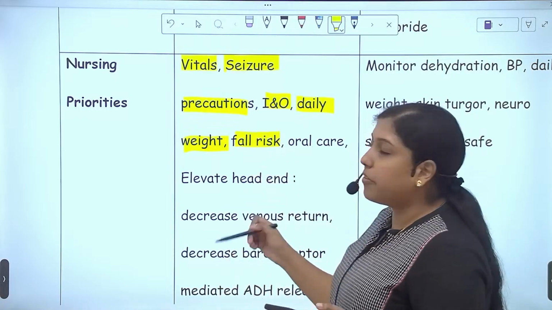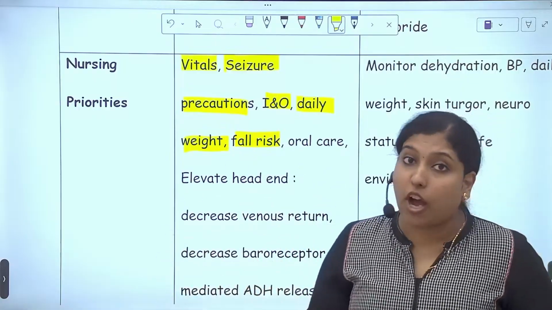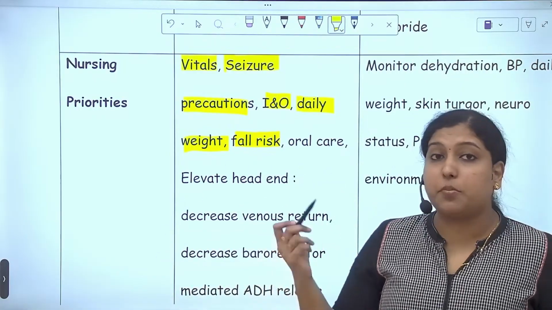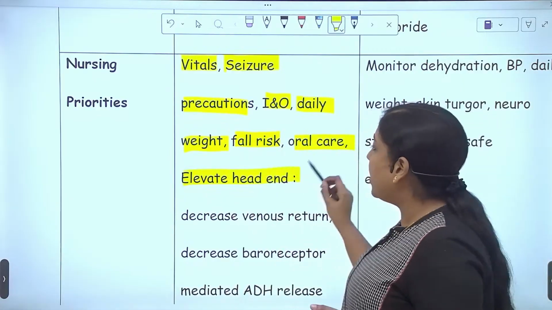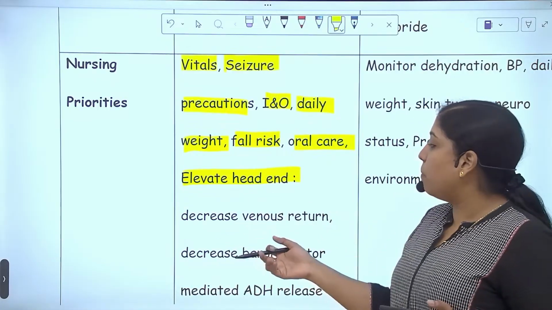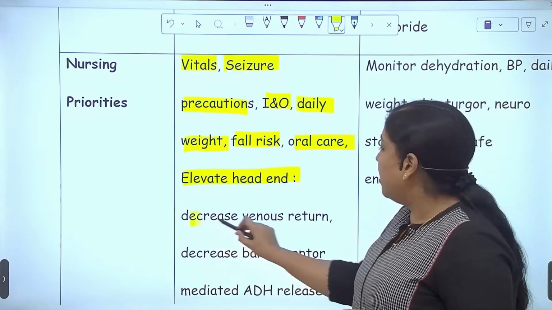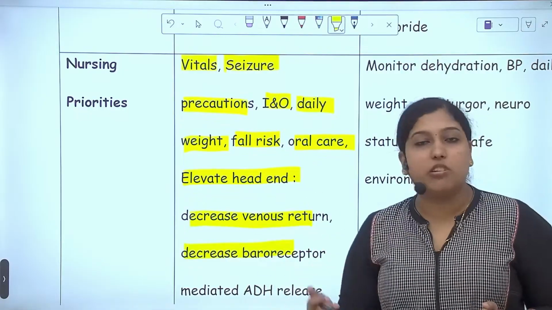Fall risk prevention has to be done, because the patient is at higher risk for seizure and the patient is going for hyponatremia. So there is a lot of chance the patient will have confusion. Oral care has to be given, and elevate the head end of the bed. The mechanism behind elevating the head end of the bed is that it will decrease the venous return, thereby the baroreceptor mediated ADH release will be reduced.